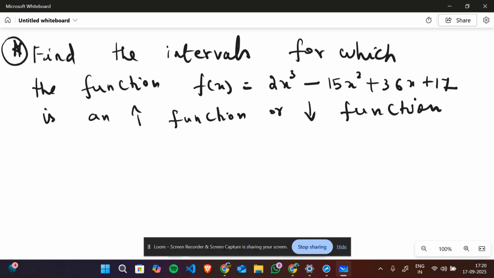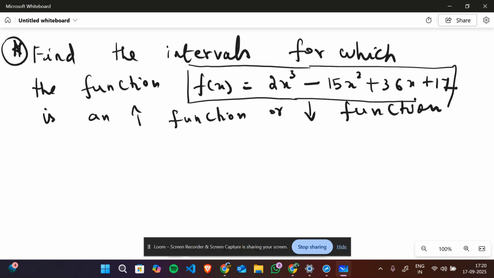So now, first find the derivative of f of x. Let's consider f of x as equation 1. The derivative of f of x is f dash of x. So 2 into the derivative of x cube. We all know d by dx of x to the power n is n into x to the power n minus 1. So d by dx of x cube will be 3 into x square.